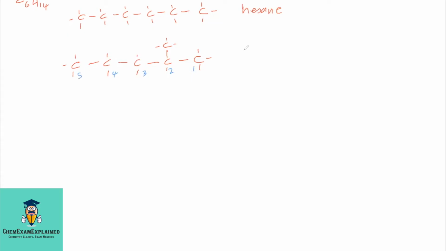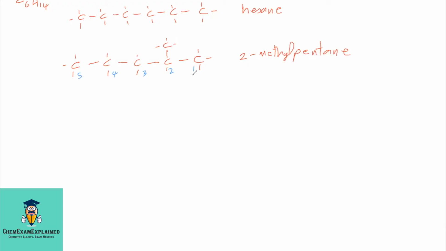So the parent is pentane, and the branch is a methyl branch on the second carbon. Then the name becomes 2-methylpentane. So that's our second isomer.